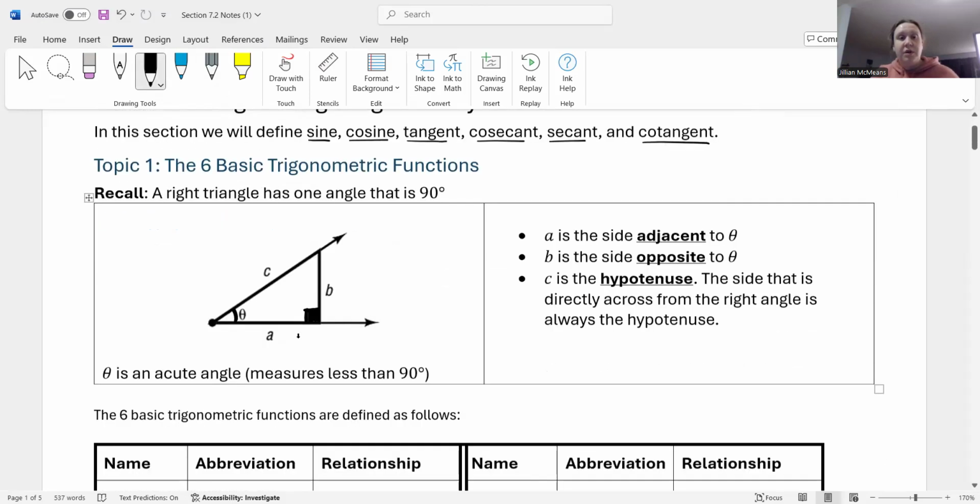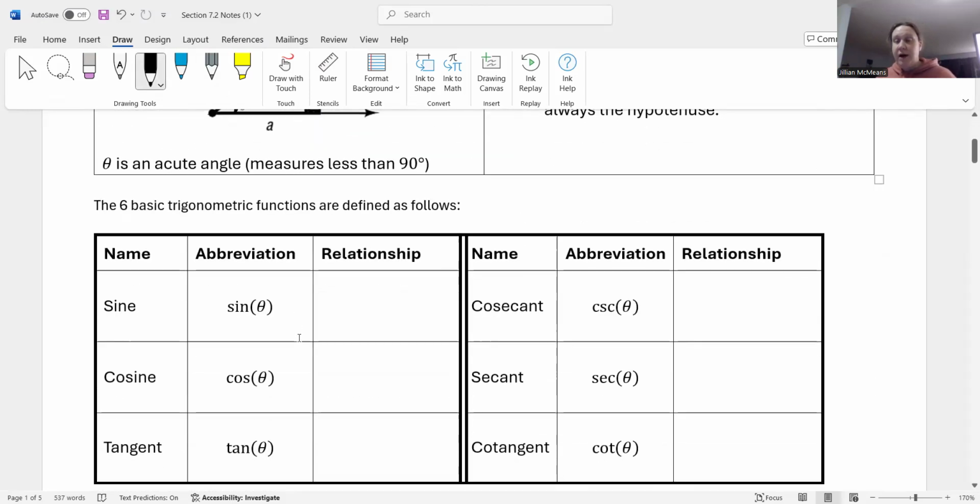All right, so scrolling down, let's go ahead and define these six basic trigonometric functions. Now, I was playing around with my screen where I write on these notes, and something weird is happening in this table, so things are going to bounce around. This happened in another video in a different worksheet, so just be prepared. It's going to be weird for a second, okay? So the six basic trigonometric functions are defined as follows. So we have, remember, sine, cosine, tangent, cosecant, secant, and cotangent. So let's look at sine.